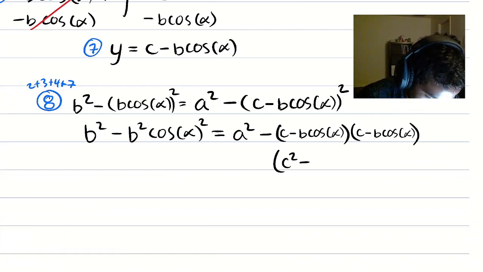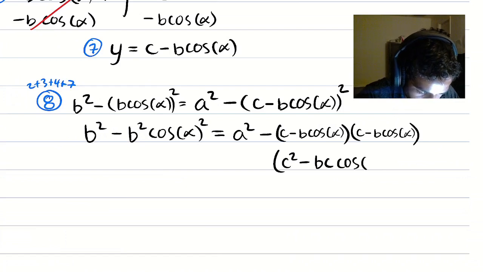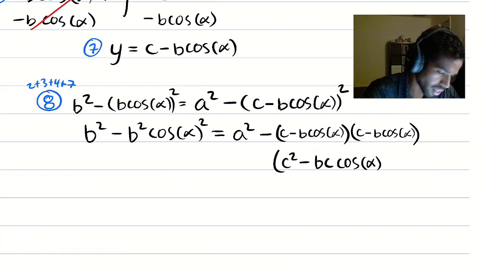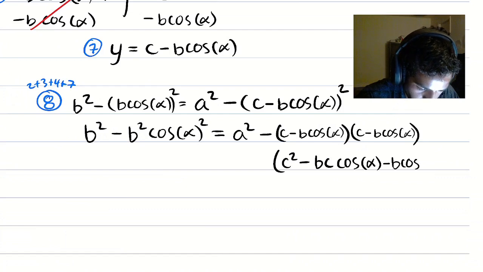Minus bc cosine alpha. And then inside, so we're going to do these two numbers. So that's going to be minus bc cosine alpha.